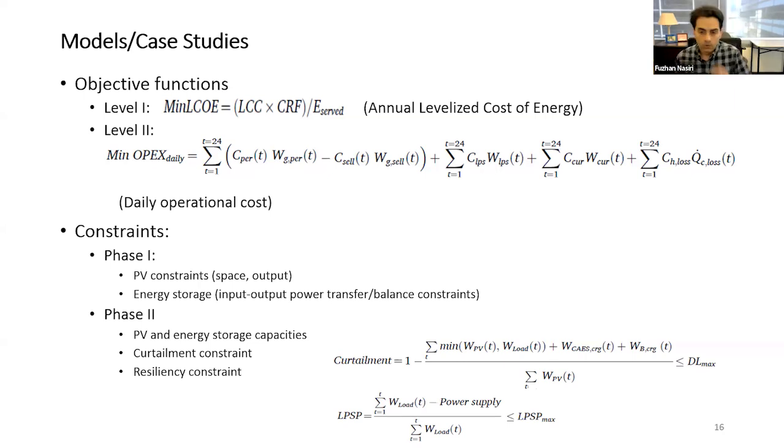So we're going to reduce the number of times we have such a situation. We put a constraint on the amount of curtailment during the operation.